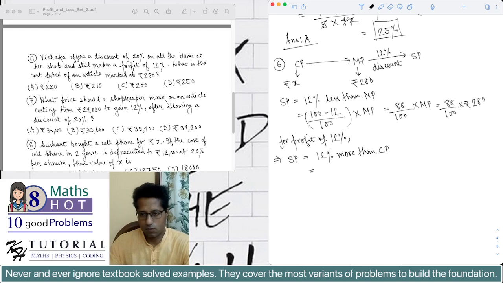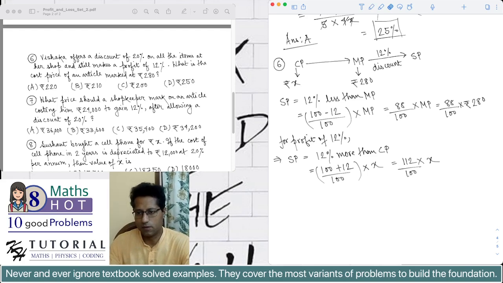So 12% more than CP will be equal to 100 plus 12 divided by 100 multiplied by CP, which is x. This is equal to 112 by 100 multiplied by x. Let's remove the multiplication symbol, it is confusing with the x. Let's write it like 112x by 100.